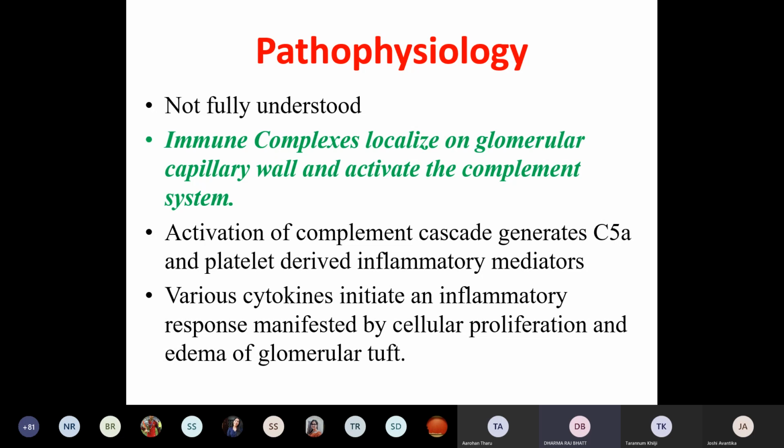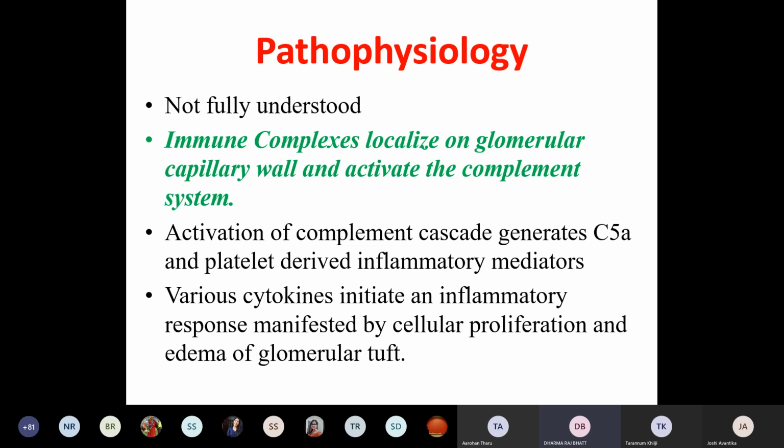Now, a little about its pathophysiology. The exact mechanism of pathogenesis remains unclear, but post-streptococcal glomerulonephritis, or PSGN, is considered an immune complex mediated disease. That's why we cannot directly say the causative agent is Streptococcus pyogenes.